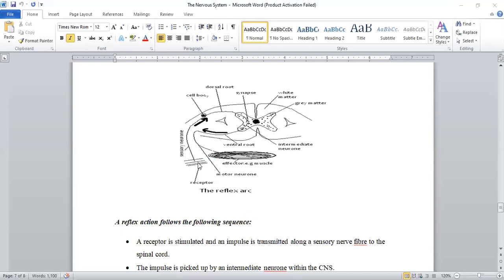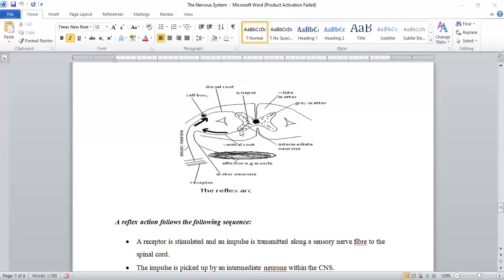So your body senses something that is hot, then the sensory neuron transmits the impulse to the CNS. In this case, this is the spinal cord, the gray matter of the spinal cord. Then inside the gray matter, we have a synapse that is connecting the sensory neuron to the relay neuron. Then from the relay neuron to the motor neuron. Now it is connecting to the cell body of the motor neuron.